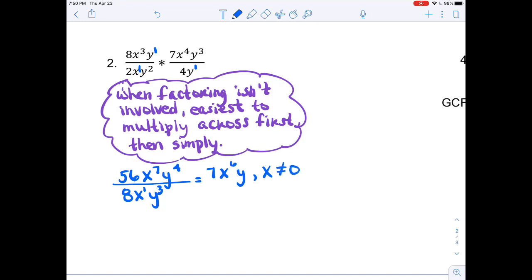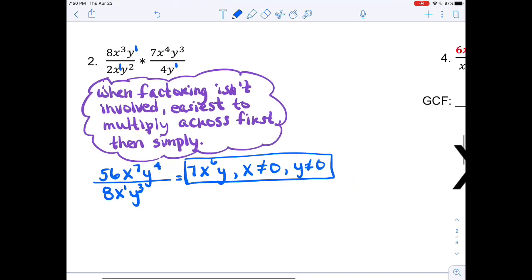So x cannot equal 0 here. I also lost a y to the third power. Well, if y was equal to 0, raising 0 to the third power would give me a 0, so y cannot equal 0 either. All right, so when variables just completely disappear, when they're not part of a factor, but they're just variables, maybe with exponents, you just cannot have those individual variables equal to 0.